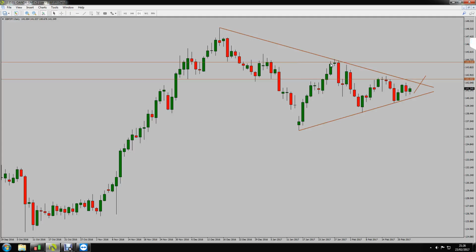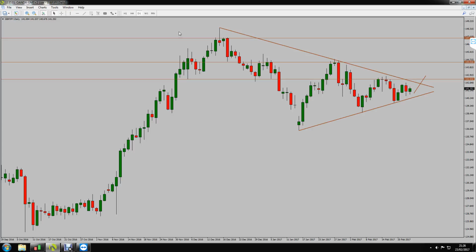Resistance level, okay? Resistance levels. This is the level where the price finds resistance within the range, and the final target is over here.